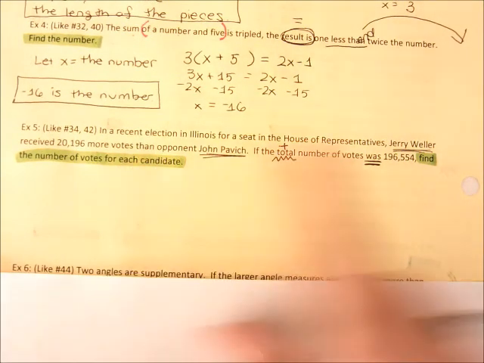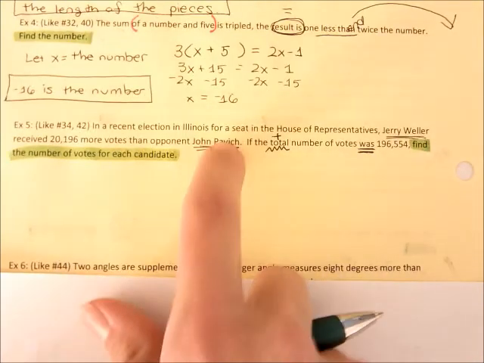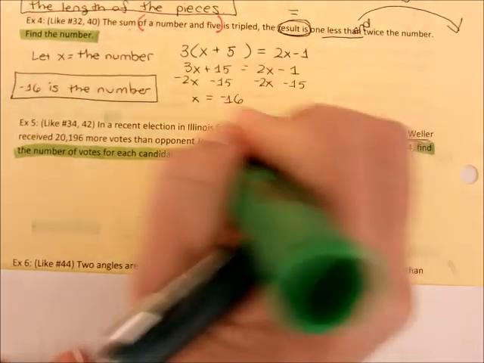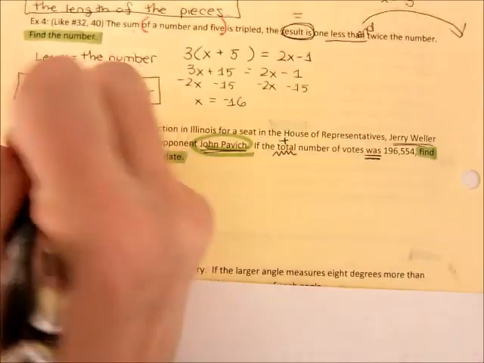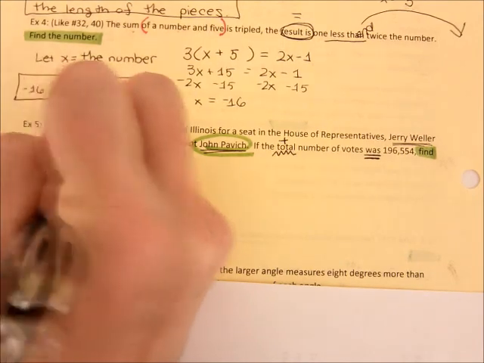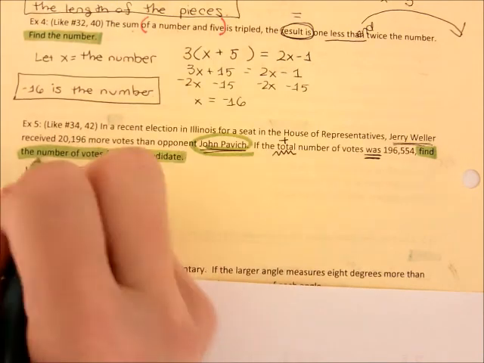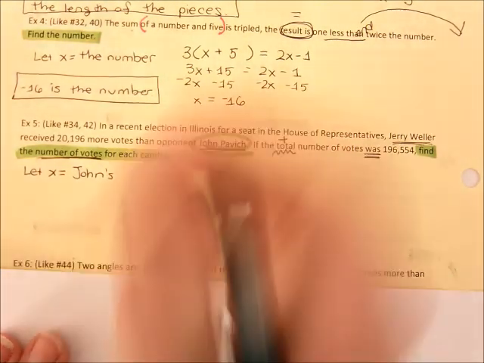So who gets the variable? John, because he is the last person listed. So let's highlight John and kind of circle him and say he's the last one listed. So let x equal John's, and I'm going to be specific, number of votes because that's what it says in there. Number of votes.